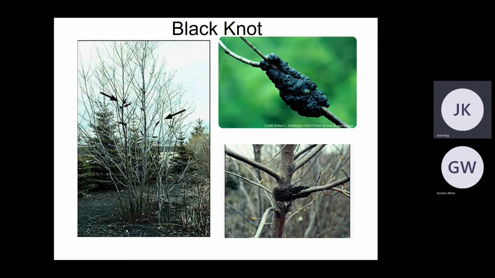We've got about 400 or so of these in our inventory, Schubert chokecherries and mostly a couple of Mayday trees, which are the two species that this disease likes, and also our western chokecherry in the river valley, and it's a native disease that the western chokecherry is adapted to.